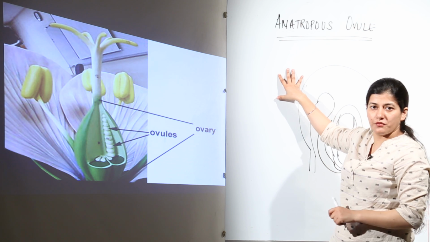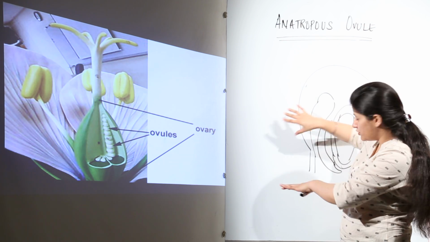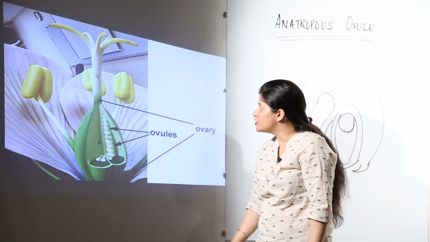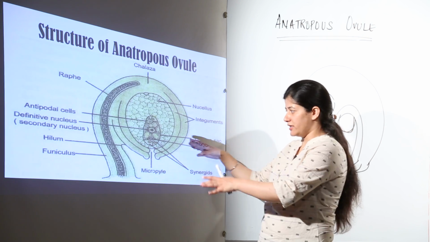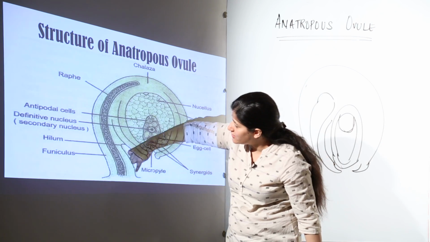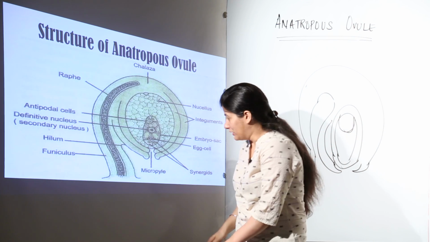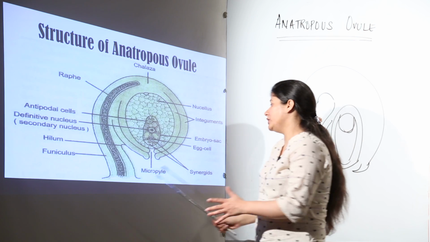Opposite to the anatropous ovule is the orthotropous ovule that I drew previously, and we have to study the structure of the anatropous ovule that is given over here. See over here, this entire stalk has taken a U-turn of 180 degrees.